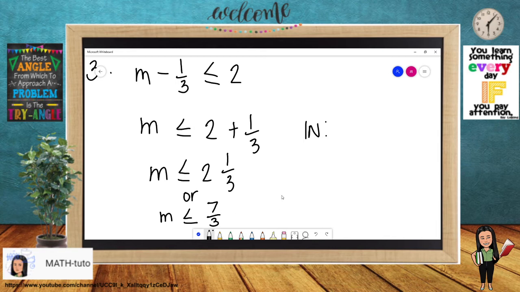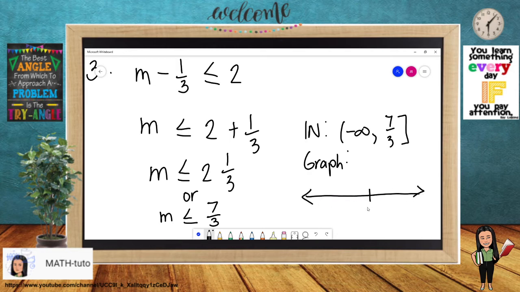Just in case lang that you are required to write it in interval notation, then the answer, m less than or equal to 2 and 1/3 or 7/3, is negative infinity and then 7/3. Bracket because it is included. So, less than.